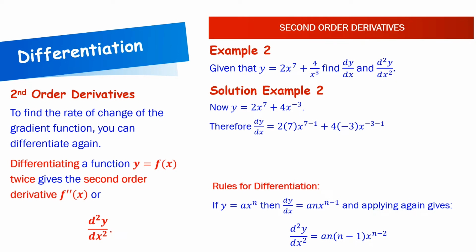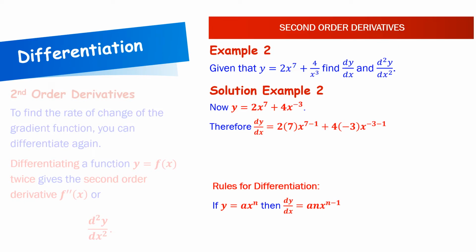So let's first find dy dx. Applying the highlighted formula, we obtain 2 times 7 times x to the power 7 minus 1 for the first term, and 4 times minus 3 times x to the minus 3 minus 1 for the second term.